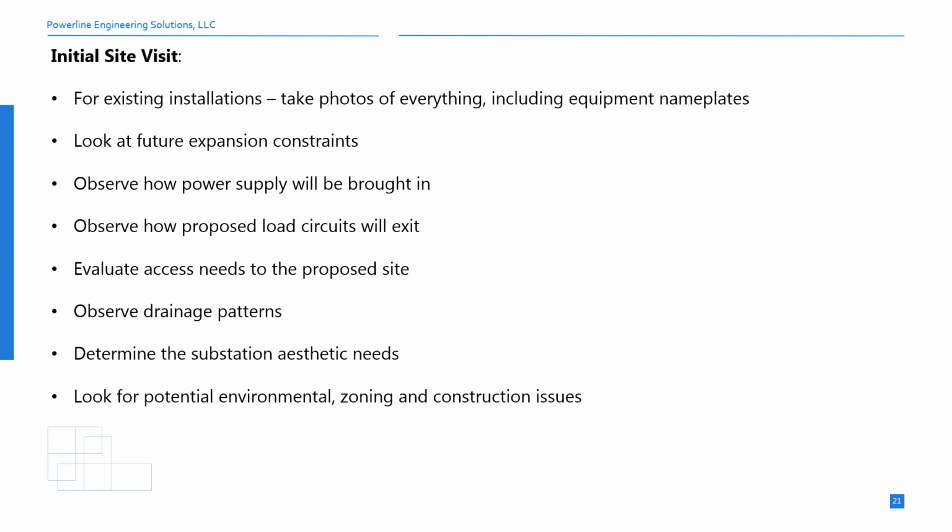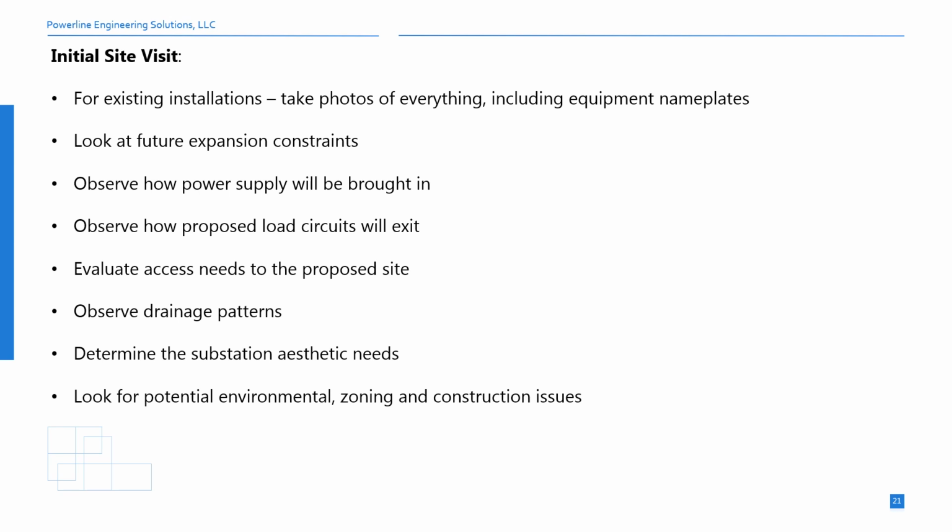We need to observe and plan for any HV and MV power supply lines that will be brought into the substation, as well as how the proposed load circuits will exit the station. An important consideration here is overhead versus underground, or a combination of both.